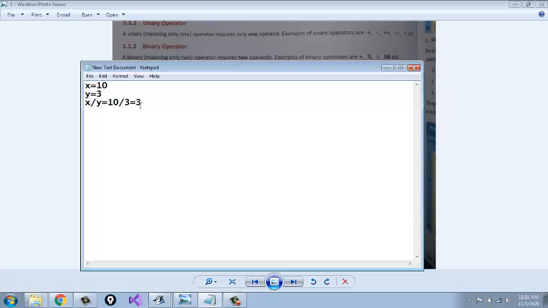The quotient will be the result of this division operator. Understood? That's why we got only 3. Otherwise we might get 3.333. But here we are getting the result as 3 only, because this division operator will return the quotient only.